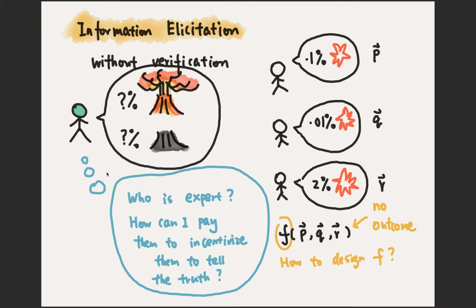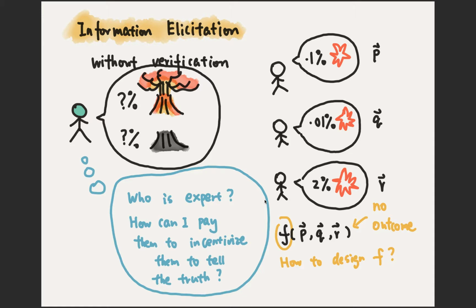And for this requester, she will have two problems in her mind. The first one is, who is the expert? Whose forecast can we trust among the crowd? Another is, how can she pay them to incentivize them to tell the truth?